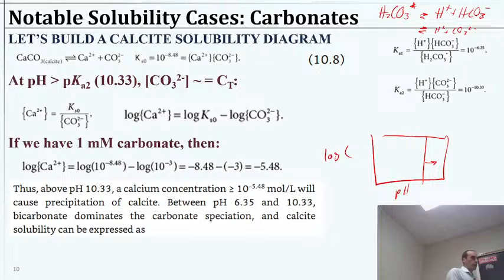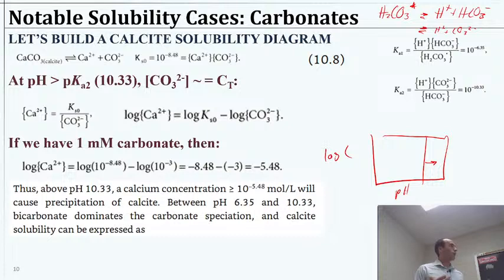That becomes really convenient, because taking the log on the right gives us log K minus log C, or log of the carbonate in that case. So now we have a function of calcium in terms of the carbonate concentration, which is pretty handy.